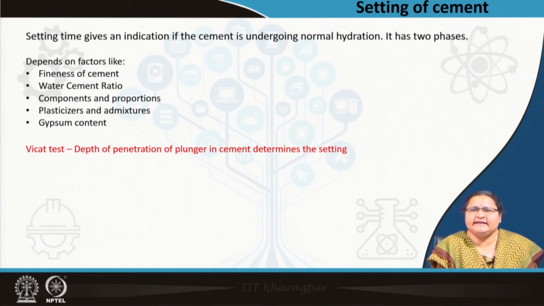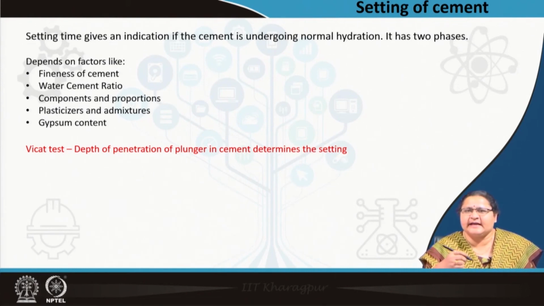So, setting time gives an indication of how much hydration has happened, whether it is undergoing normal hydration, whether it has enough water, and usually this setting time is split into two. As we talked, C3S and C3A are mostly responsible for the initial setting.